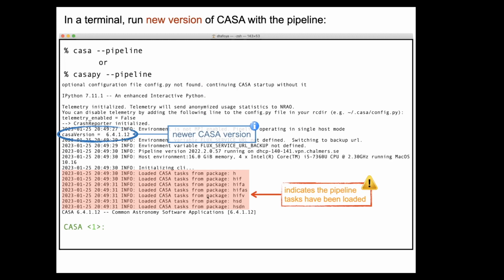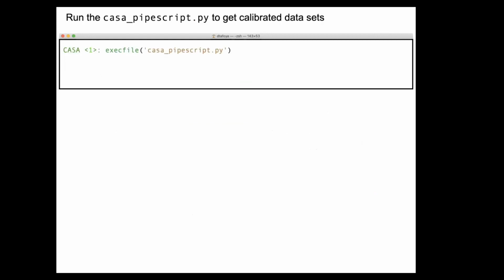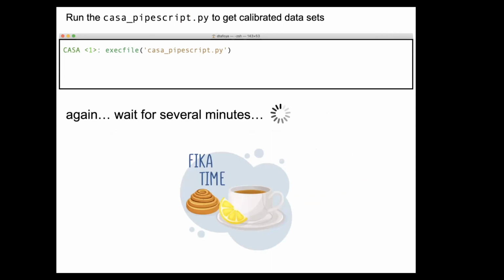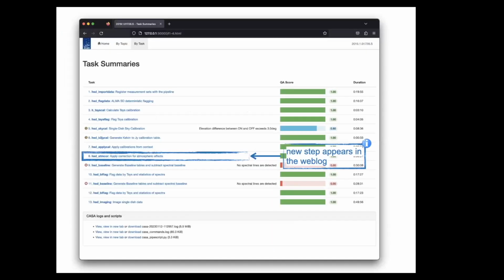Again, you just have to check that you're actually loading all these pipeline tasks when you run it, and then execute the file that is now casa_pipescript.py, and again wait for several minutes, and again it's fika time. And after several minutes, once you finish your fika, you will have a new weblog.